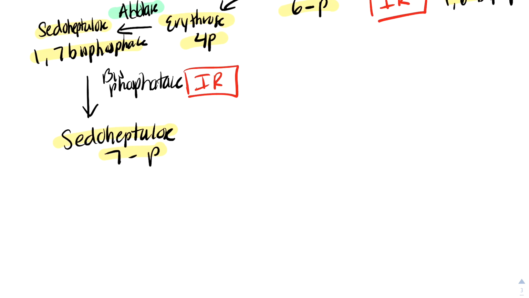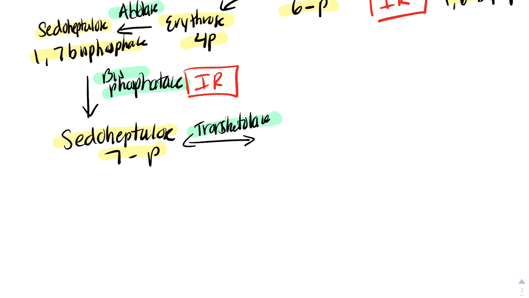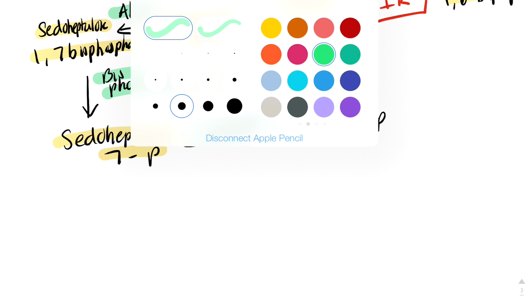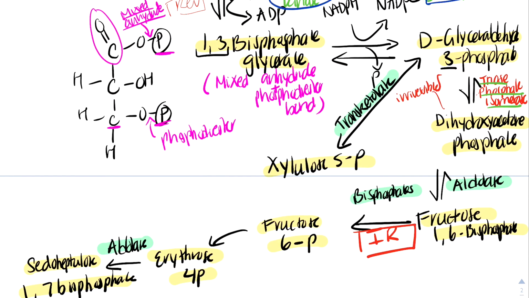Okay, and then that can move through using transketolase. And that can make ribose 5P. So technically, you could go through this entire process to make ribose 5P, or you can use transketolase using the D-glyceraldehyde 3-phosphate to make the ribose 5P.